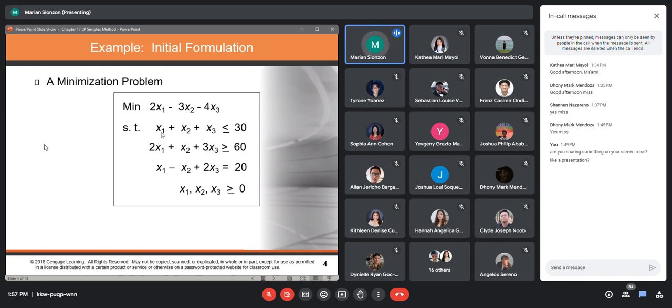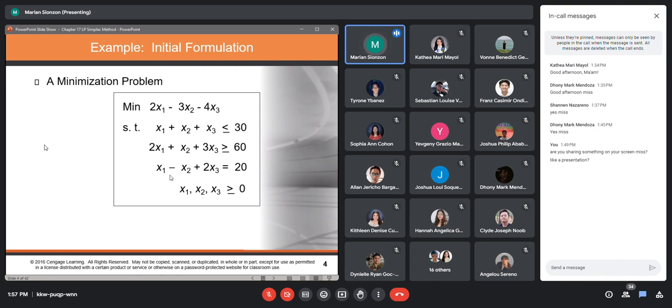The first one is x sub 1 plus x sub 2 plus x sub 3 is less than or equal to 30. This is a less than inequality. The second one is 2x sub 1 plus x sub 2 plus 3x sub 3 is greater than or equal to 60. This is the greater than inequality.